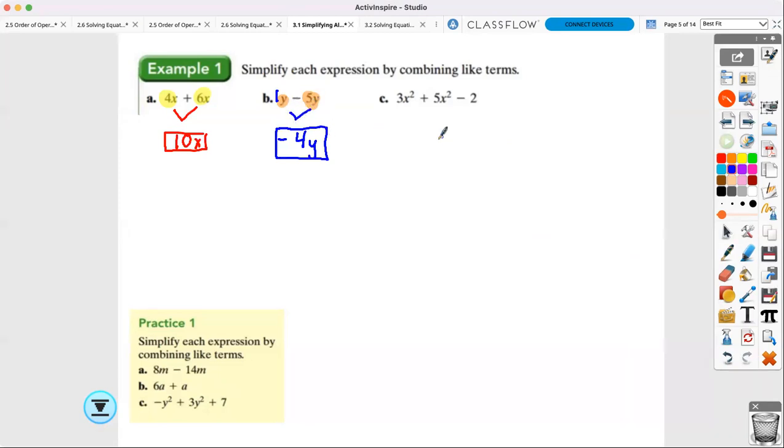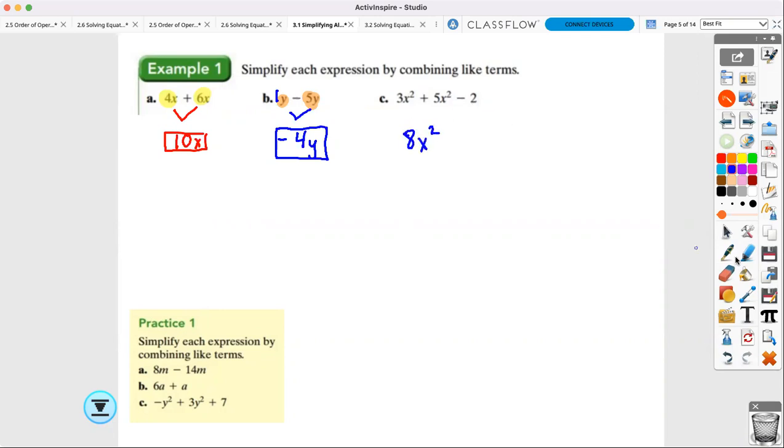Now let's take a look at C. There are 3 terms in C. Can someone tell me which ones we can combine? 3x squared and 5x squared. And in total that gives us how many x squares? We have to be careful, because we're doing 3x squared plus 5x squared, so 3 plus 5 is 8x squared.